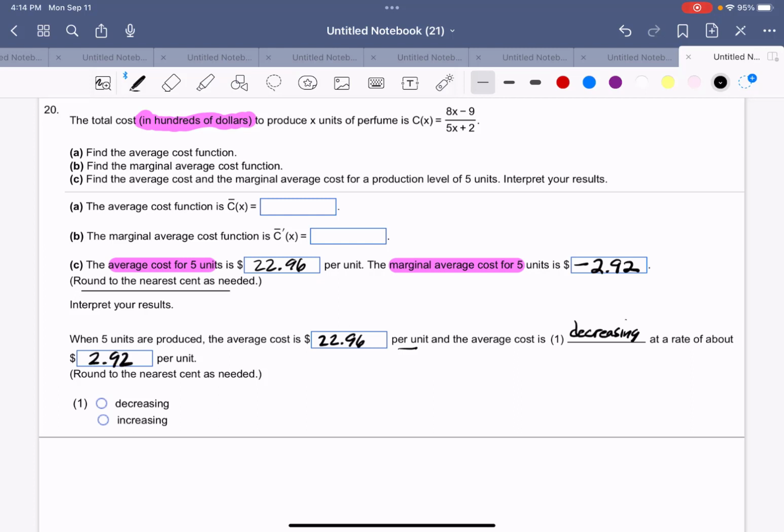Now, this decreasing is your negative, so you don't write a double negative. So the marginal average cost tells you how the average cost is changing. So it's $22.96 per unit at a production level of 5, but because of the negative, it's decreasing at a rate of about $2.92 per unit.